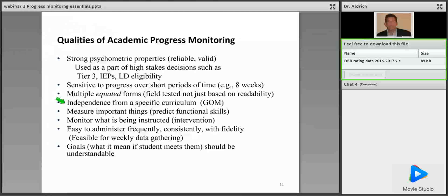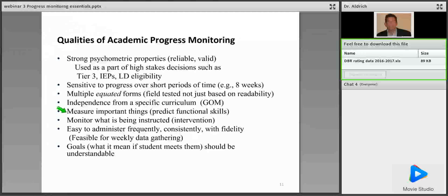It's kind of ironic. I think it's really a misnomer that we call the CBMs curriculum-based measures, because we're really using those measures now more as a general outcome measure that's independent from any specific curriculum, and they're sensitive to improvement in foundation skills.